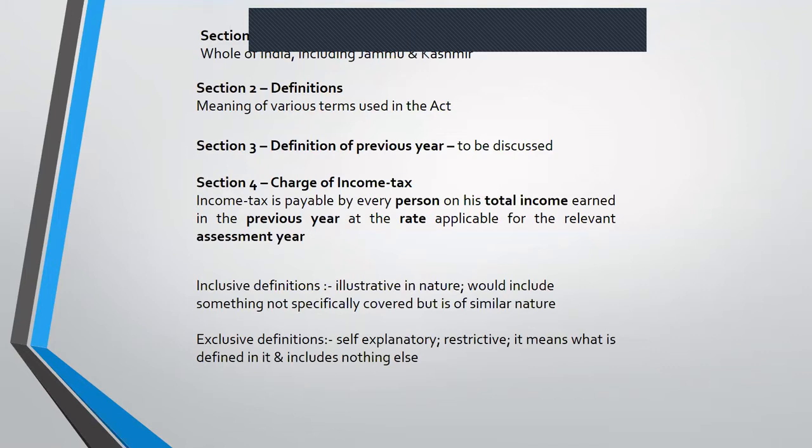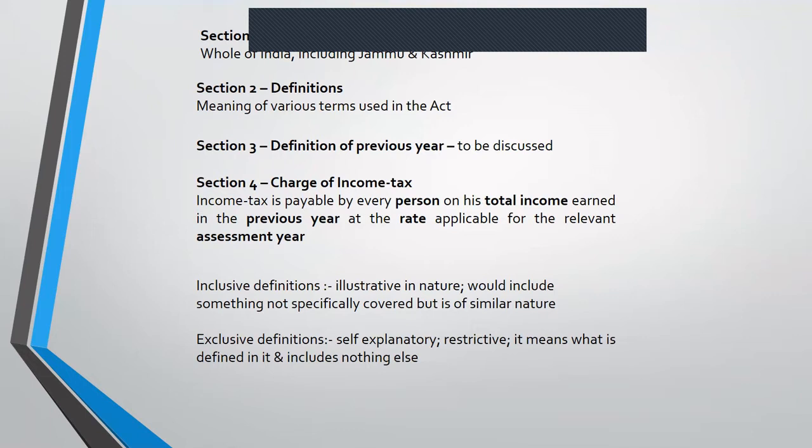Now, section 2 is definitions. Definition means the various terms that are used in the act. Okay, so you open any act, section 2 is always definitions. Likewise, in the Income Tax Act also, section 2 is definitions. Whatever high-fundu words are used in the act, the meaning of the same is given to you in section 2.